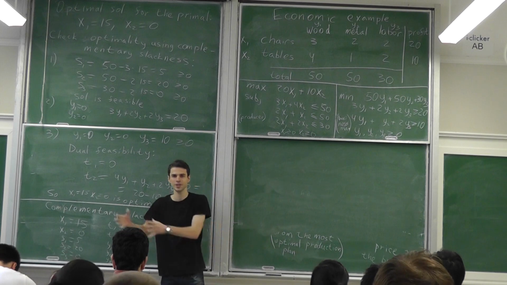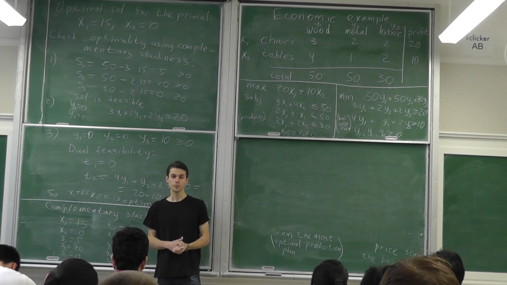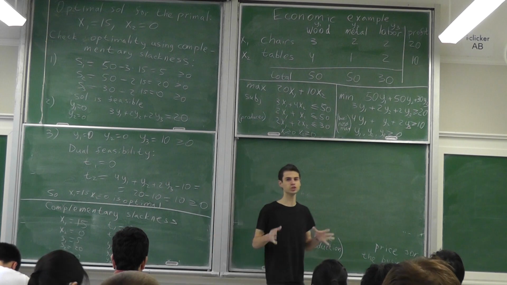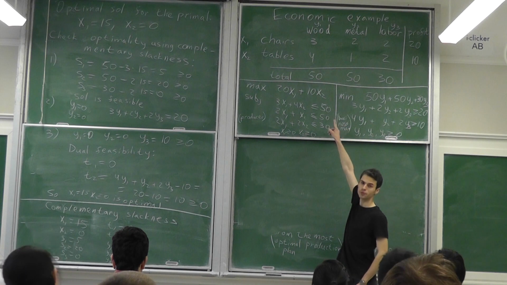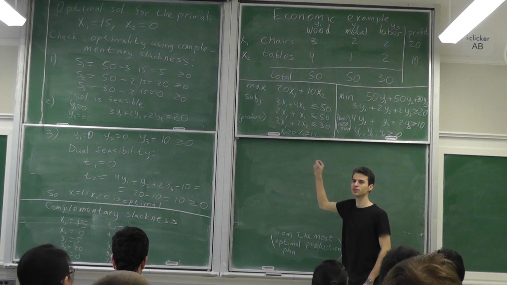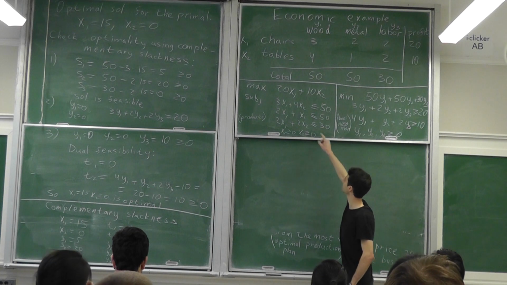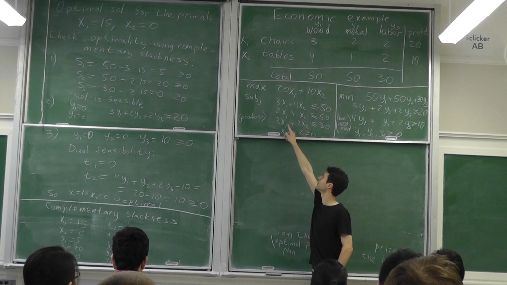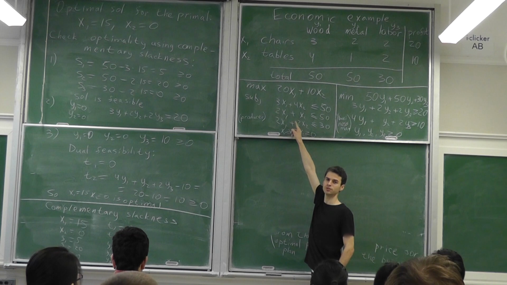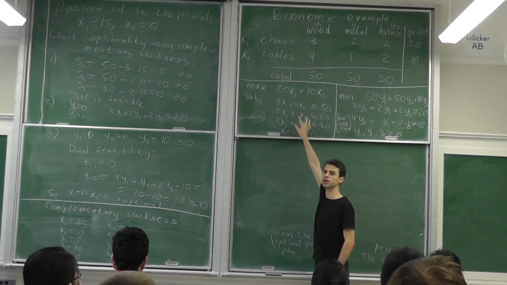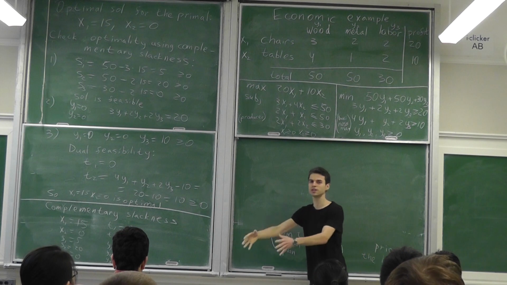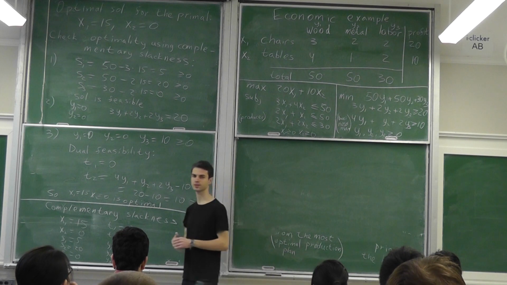I mean, you're giving away something. But the thing is that this something is actually not that valuable for you. You have 50 units of wood. Even in the optimal production, how much wood are you using? Well, 3 times 15, 45 units, plus 4 times 0. So you are using 45 units of wood. You still have 5 units of wood left.